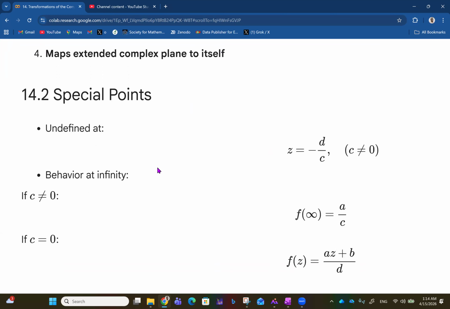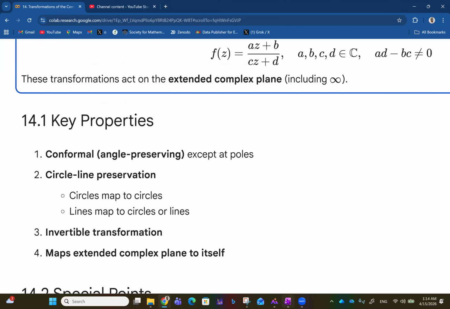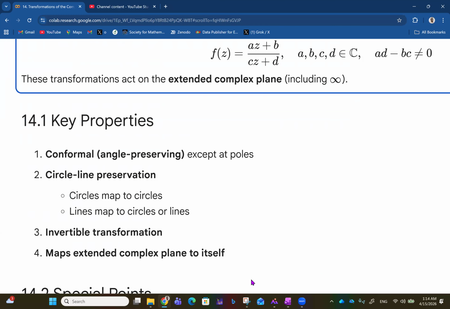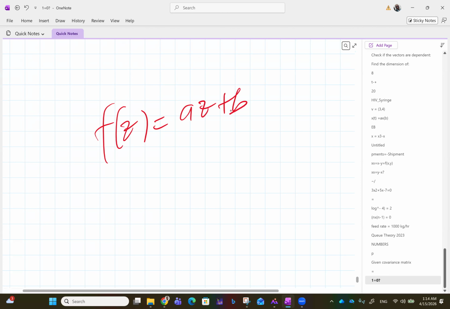So there are some special points here. Number one, it is undefined at z equals minus d over c, for c not equal to 0, by the way. How do we arrive at that? We know that the Möbius transformation is generally given as f of z equals az plus b all over cz plus d.